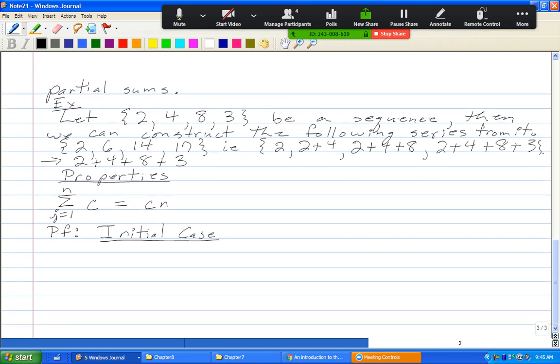The sum j equaling 1 to 1 of C, well, you're just adding C one time. Yes, we've shown this.